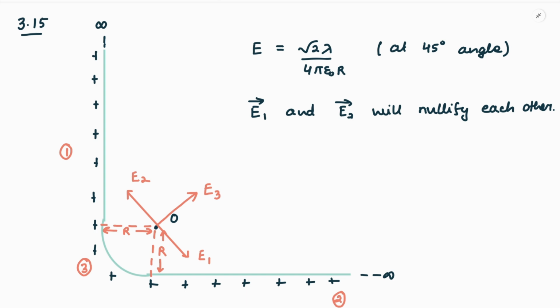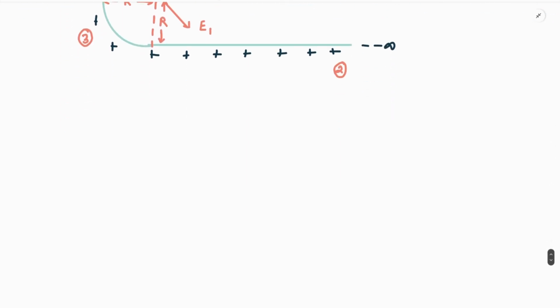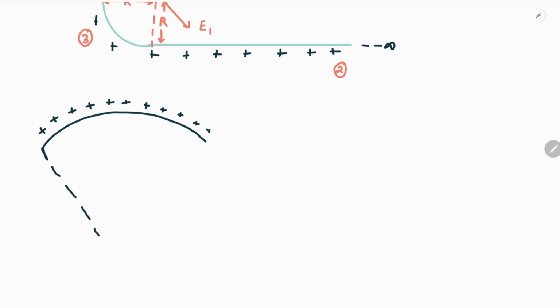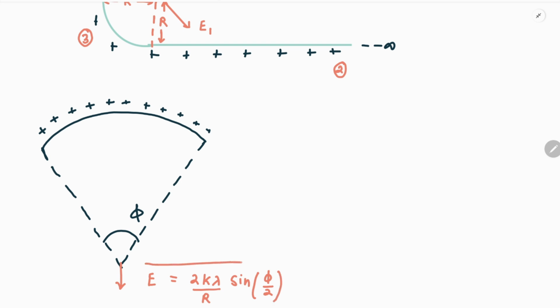So if we calculate E3, it can be calculated using this formulation, that if we have a system of charge, where this system of charge is subtending an angle phi at this particular point, then over here electric field magnitude can be written as 2k lambda by r sin phi by 2. So we are using this result.